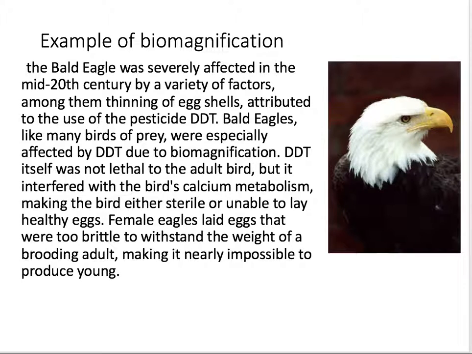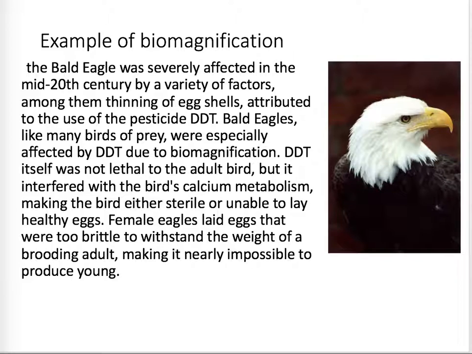Okay, here's another example of biomagnification. The bald eagle was severely affected in the mid-20th century by a variety of factors. Among them was the thinning of their eggshells, and that was because of the use of the pesticide DDT. Bald eagles, like many birds of prey, were affected by DDT due to biomagnification.